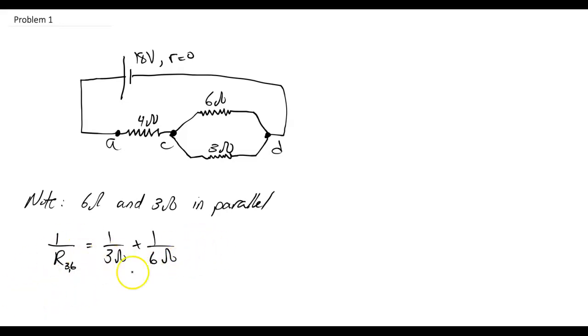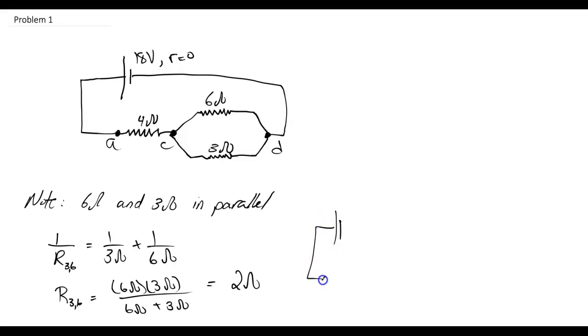And if you do some algebra, you find out that R 3/6 is going to be the 6 ohm times the 3 ohm over the 6 ohm plus the 3 ohm, which gives you a 2 ohm resistance. And now your circuit becomes something like this.